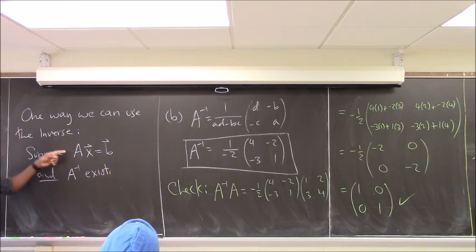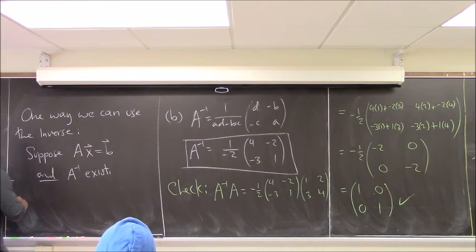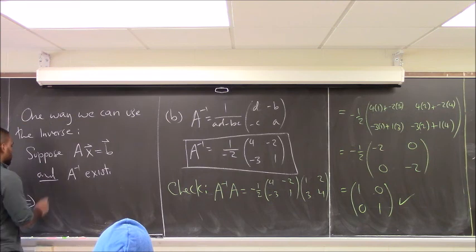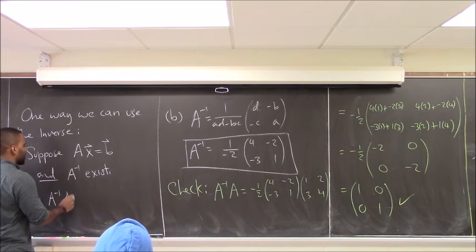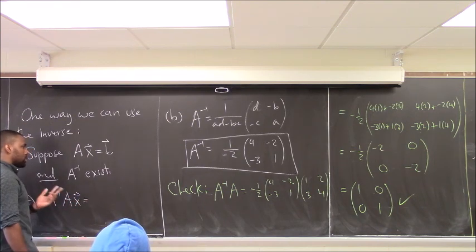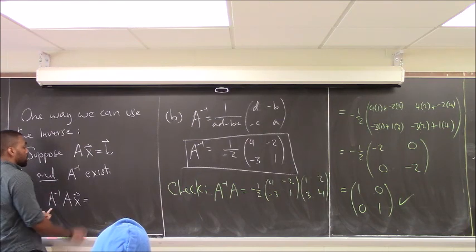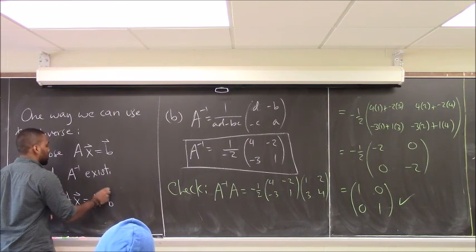We have a system where the coefficient matrix is a square matrix with an inverse. What can you do about that? Well, here's one thing. You can multiply both sides by the inverse on the left. Matrix multiplication is not commutative, so if I multiply on the left over here, I have to multiply on the left over there.